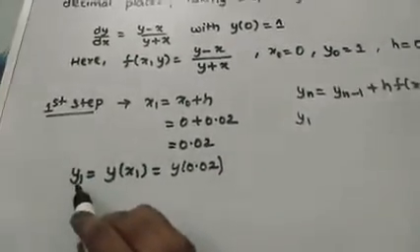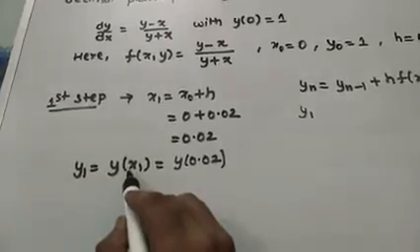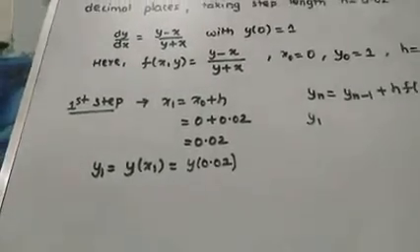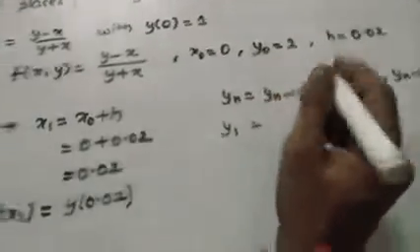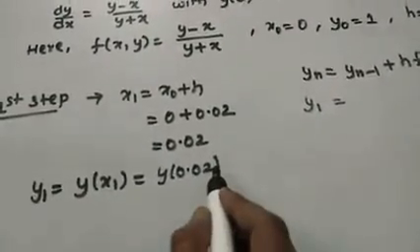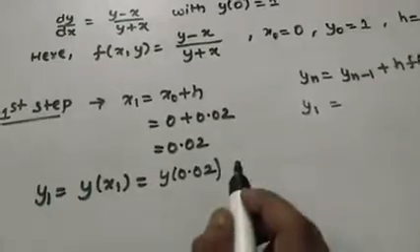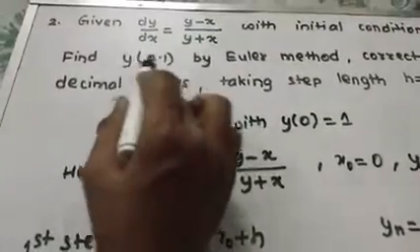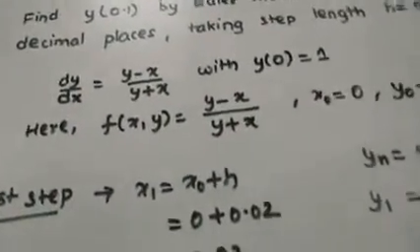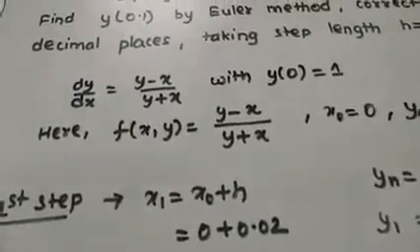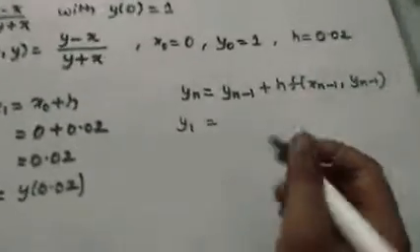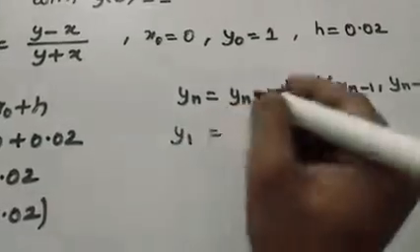We have to find here y1. y1 means y of x1 and x1 means y of 0.02. So y1 means, just I am writing this line for making you understand that what we are finding basically, because the question demands to find y of 0.1. So up to which step we have to proceed. Okay. So putting n equals to 1, y1.